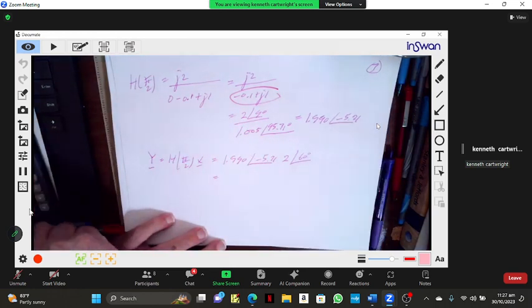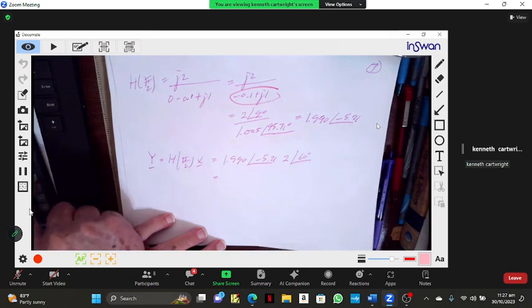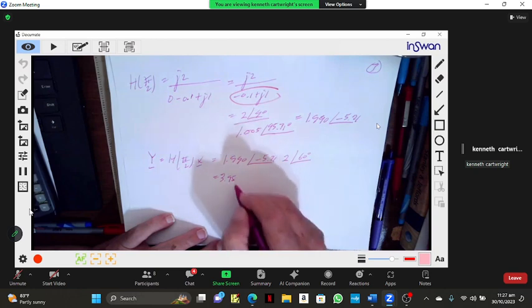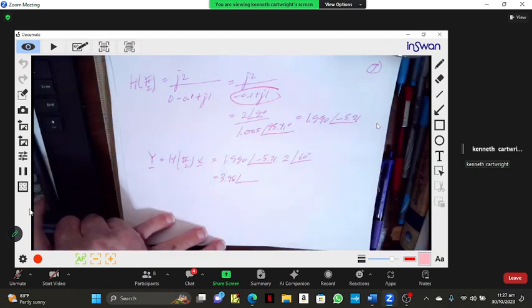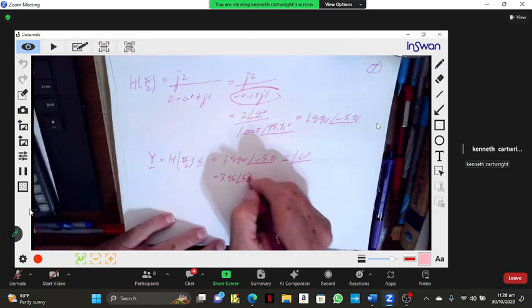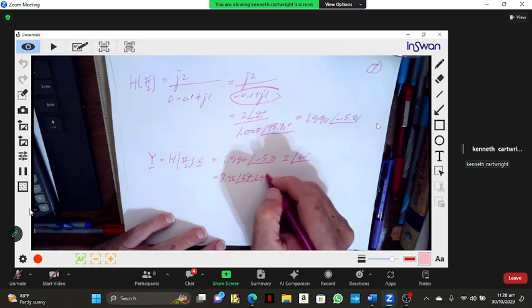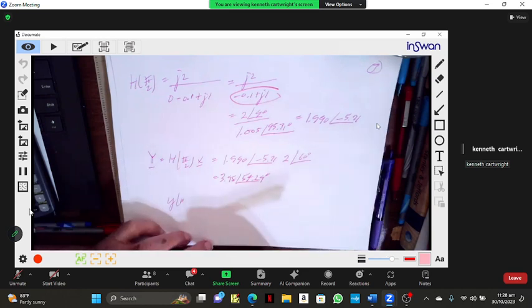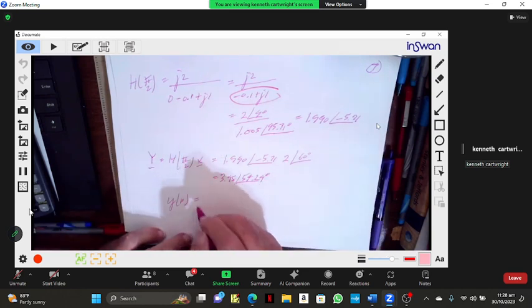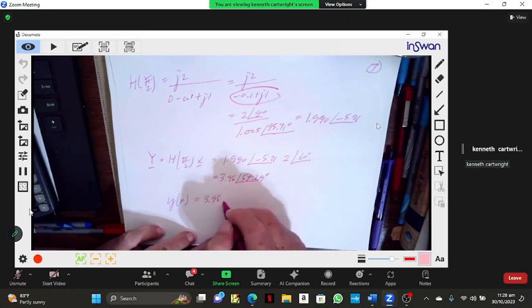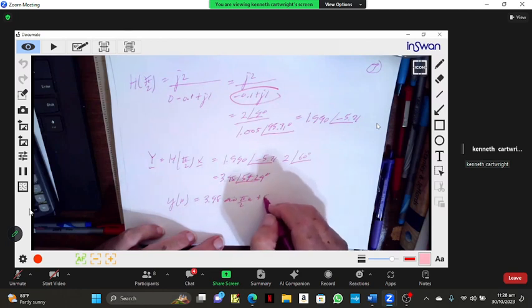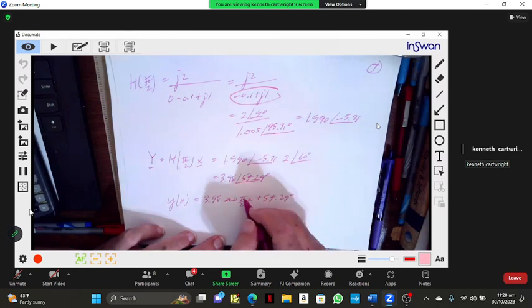So the output is 1.990 times 2, 3.98, at 60 minus 5.71, which is 54.29. So Y of n, back in the time domain, equals 3.98 sine of pi over 2 n plus 54.29 degrees.